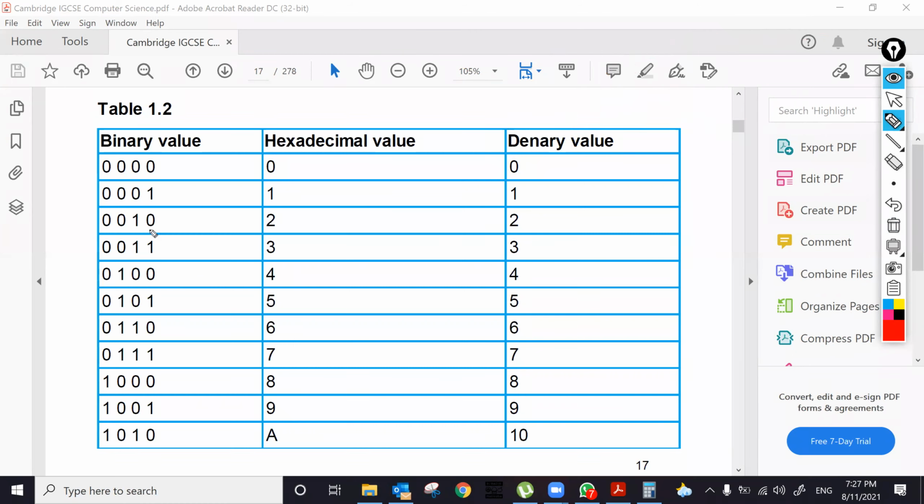Now see how they represent the hexadecimal number system. Normally, you know the maximum value is 0 to 15, no?